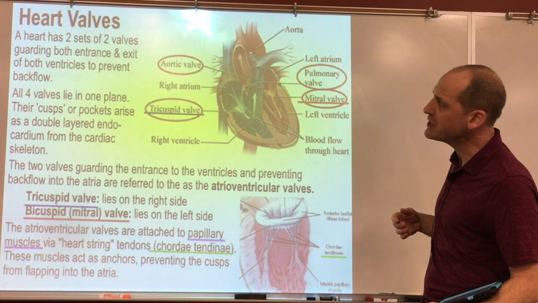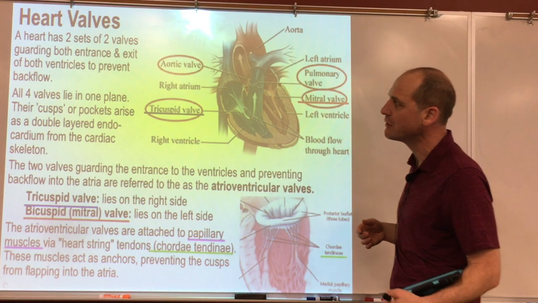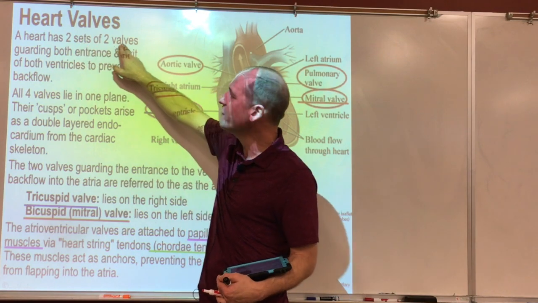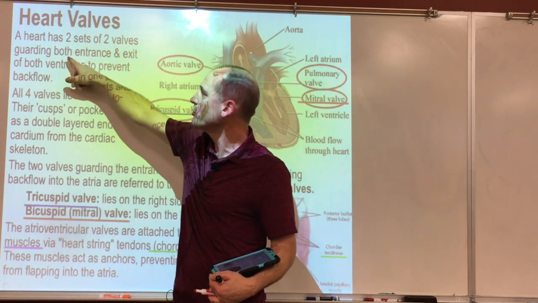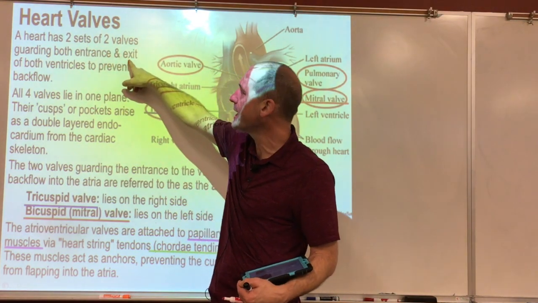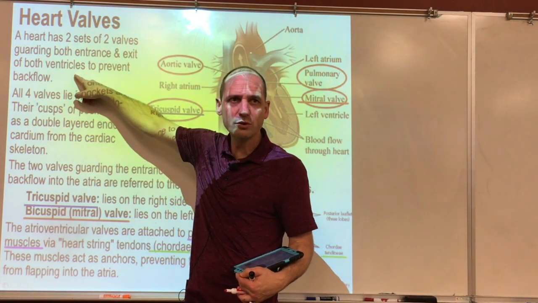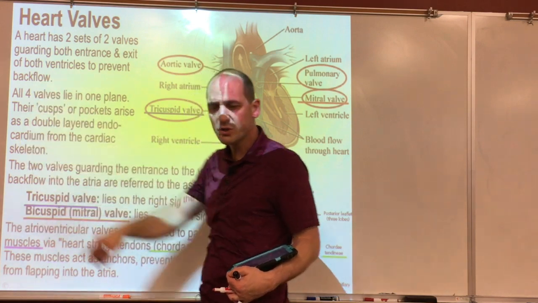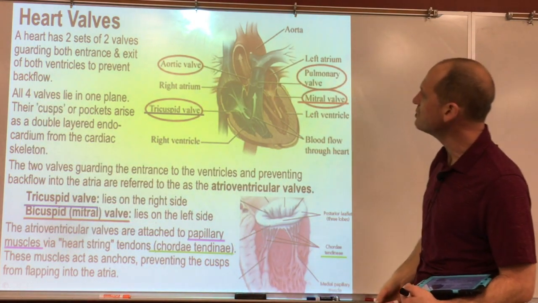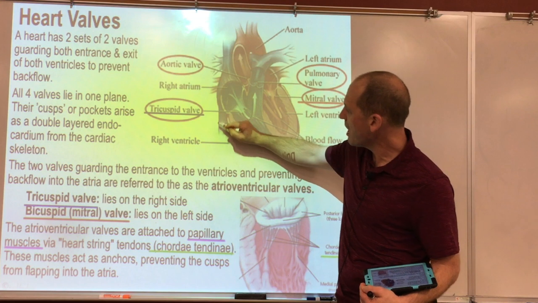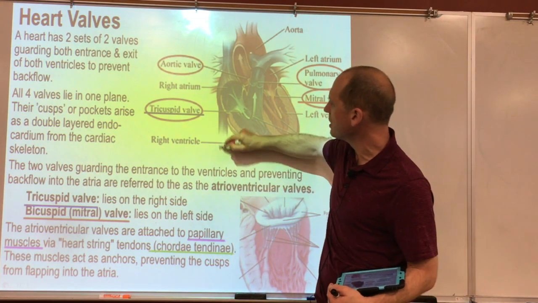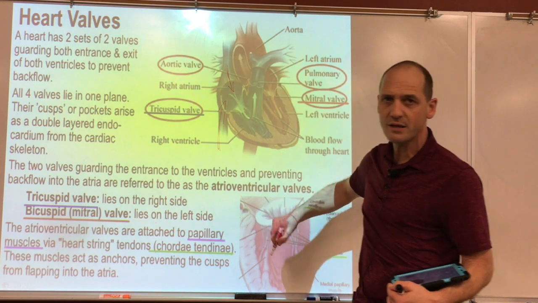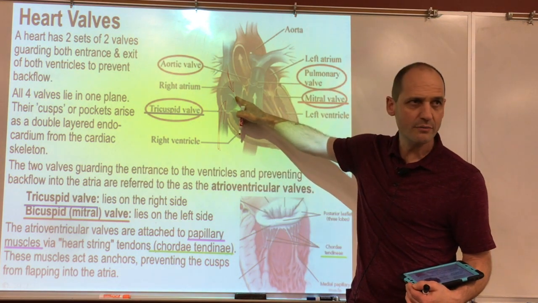So that brings me to the topic of heart valves. The heart has two sets of two valves that guard both the entrance and the exit of both ventricles to prevent backflow. I said the blood travels in one direction. The blood from the systemic circuit comes from below and above the body and enters into the right atrium here.